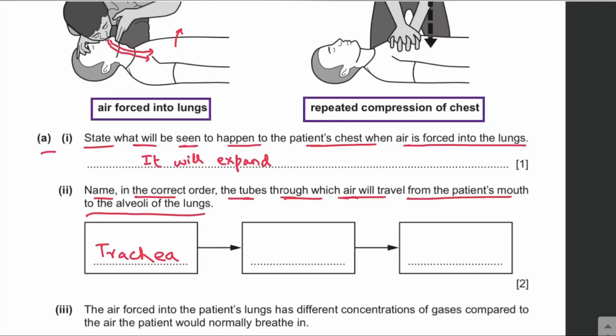We can also do that. Moreover, after trachea there are bronchi, right? And from the bronchi the air goes into the bronchioles, right? So this is how the air is flowing, and from the bronchioles obviously it will travel to the alveoli, right?